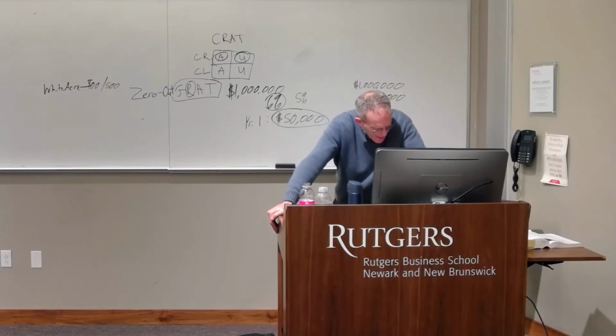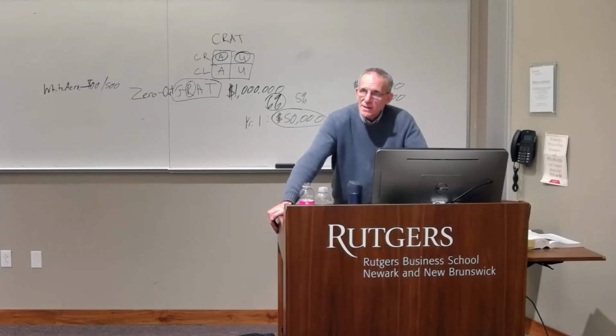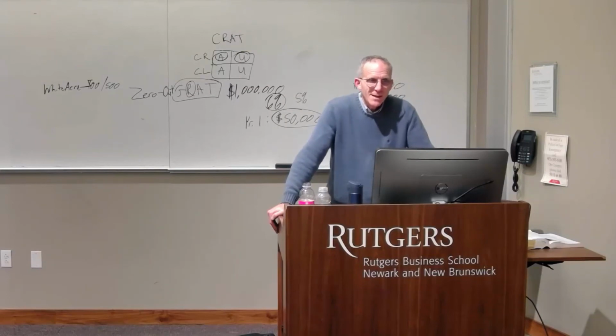Not surprising, the difference between a CLAT and a CLUT. One is a fixed dollar amount, one is a fixed percentage. Can a CLUT be income only, like a NIMCRUT, a NIMCLUT? No NIMCLUTs. Okay, guys, no NIMCLUTs. You cannot have the equivalent. There's not that symmetry.